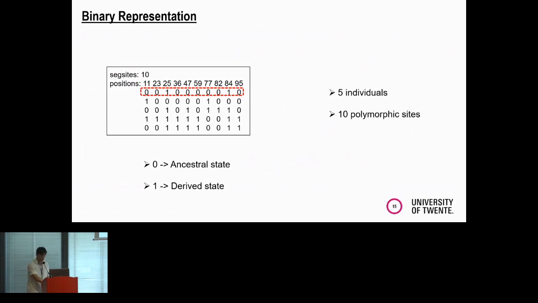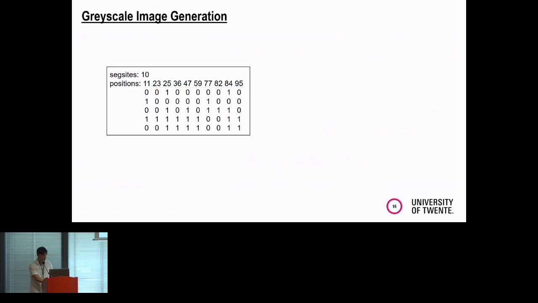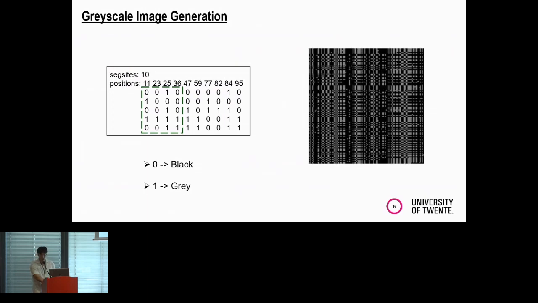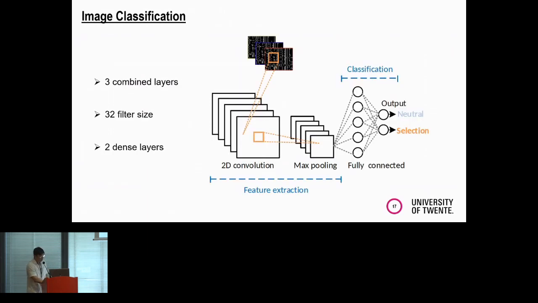So this example contains the genetic information of a population with 5 individuals and 10 polymorphic sites. Then, based on a sliding window, we convert the 0 into black and the 1 into gray to generate the grayscale images. The converted images will be the input for a convolutional neural network of 3 combined layers with 32 filter size and 2 dense layers to do the classification.